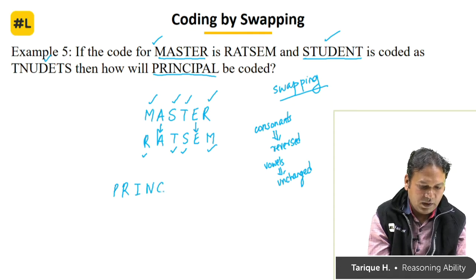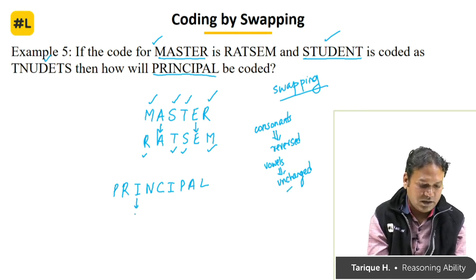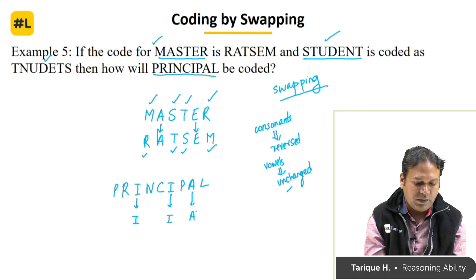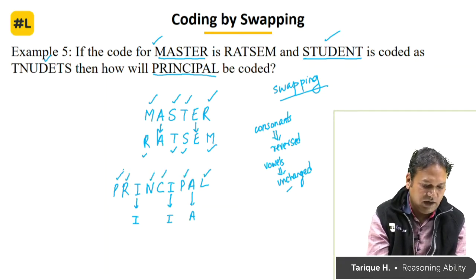What will happen if we use the same approach with the word PRINCIPAL? First of all, let us write down the vowels as they are, because vowels remain unchanged. I remains here, this I also remains here, and this A comes down in the same place. Now the consonants, L, P, C, N, R, P, we have to bring them down in reverse.